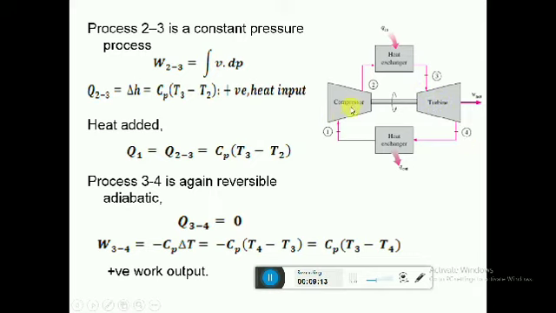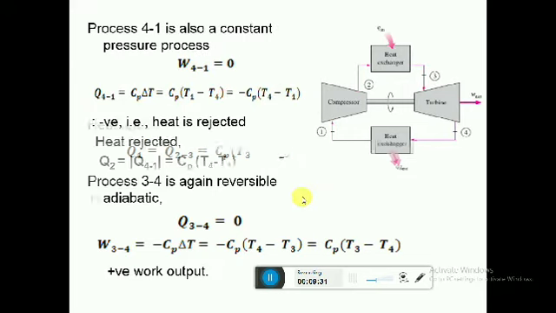If it was compression, it would be reverse, because the gases enter at a lower temperature and leave at a higher temperature, that is T2 minus T1. Here it is T3 minus T4, entering at a higher temperature, leaving at a lower temperature.